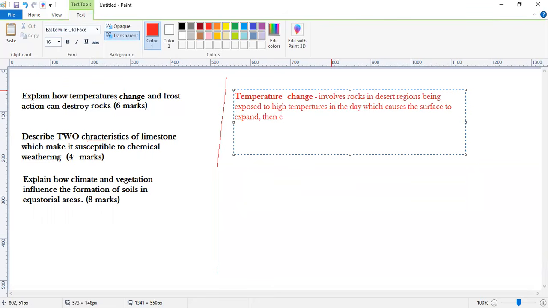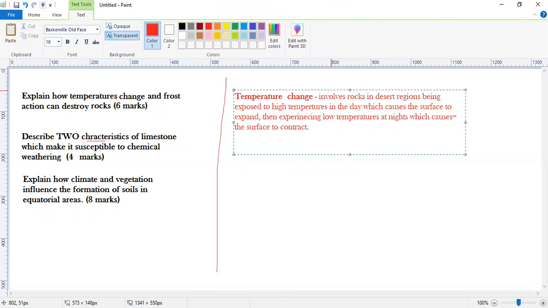Then experiencing low temperatures at night, which cause the surface to contract.